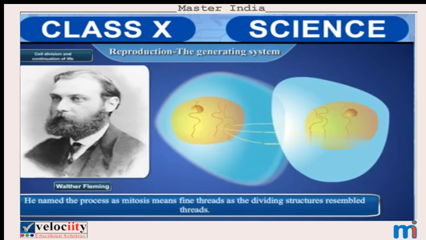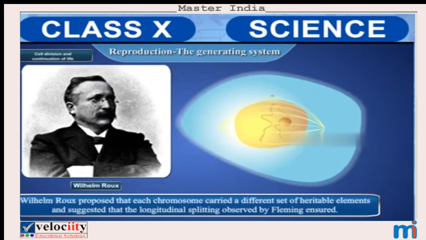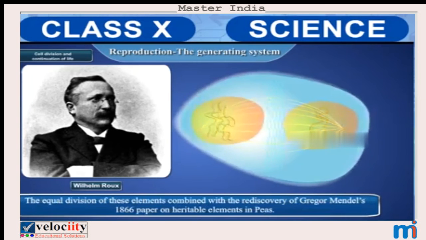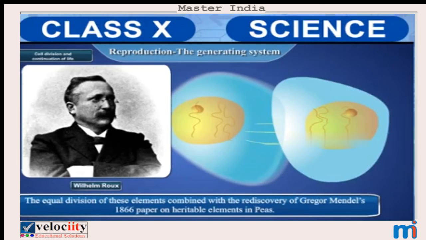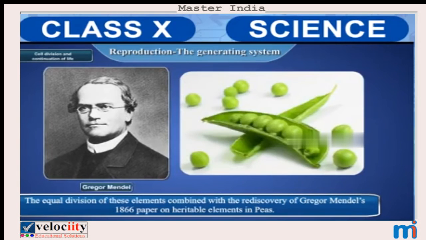As the dividing structures resemble threads, Wilhelm Roux proposed that each chromosome carried a different set of heritable elements and suggested that the longitudinal splitting observed by Fleming ensured the equal division of these elements, combined with the rediscovery of Gregor Mendel's 1866 paper on heritable elements in peas.